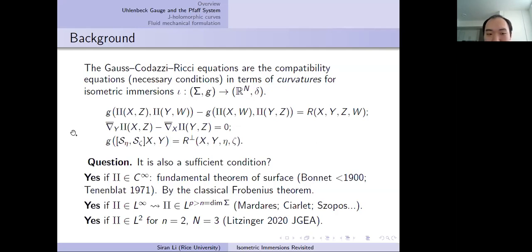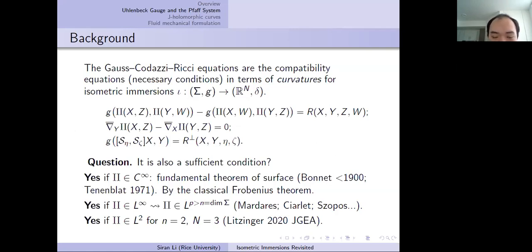So we're solving for the extrinsic geometry. So a very natural question to ask is whether the Gauss-Codazzi-Ricci equations are also sufficient for the existence of isometric immersions. Well, the answer in general is yes, but of course subject to various regularity properties.